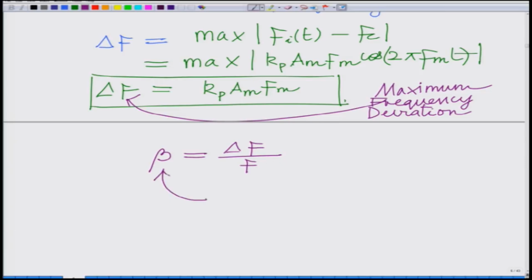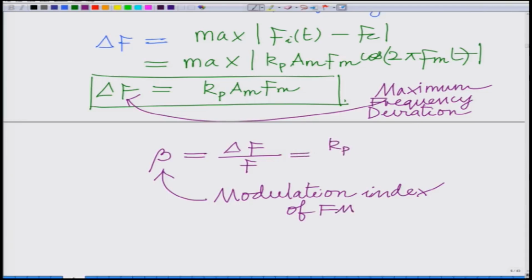Remember, beta is the modulation index of FM, which is equal to delta f by f_m, that is k_p A_m f_m divided by f_m, which is equal to k_p times A_m.